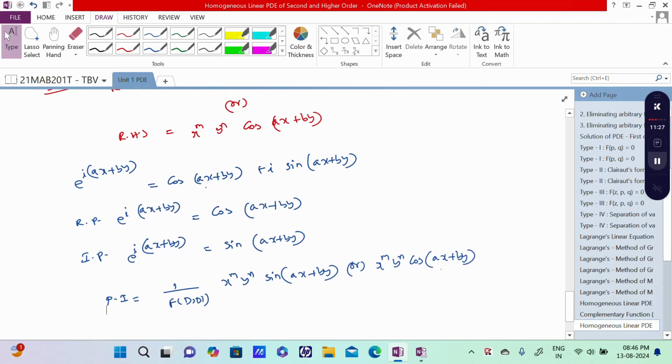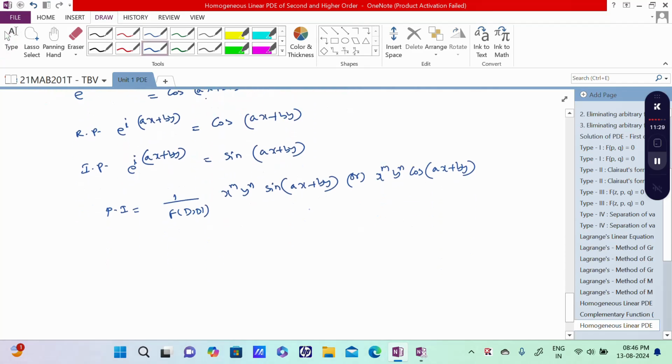To replace this sin function or this cos function, this is the imaginary part and this is the real part. So we should write this as the real part of e power i(ax plus by), and this term as the imaginary part of e power i(ax plus by).